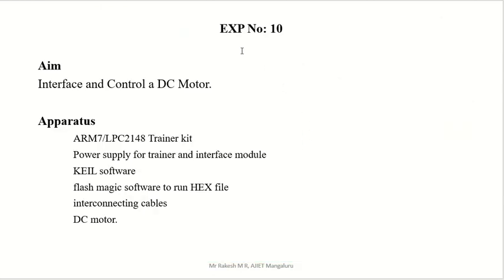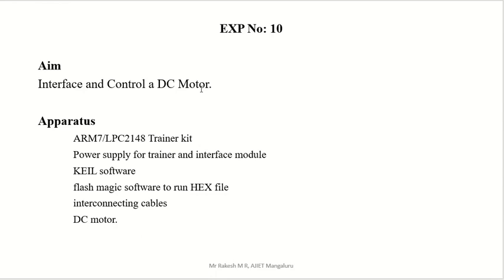In today's class we will see experiment number 10, that is, the aim is to interface and control a DC motor. So you know the DC motor, direct current, here we are going to give to that particular DC motor, then that will rotate the motor present inside that device.